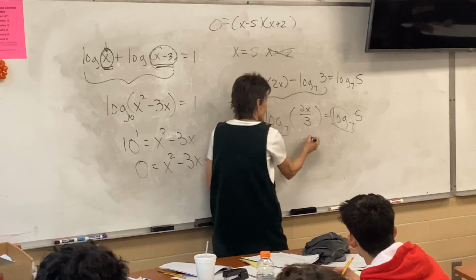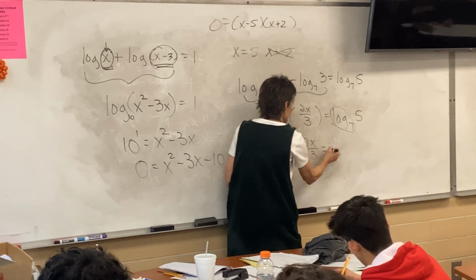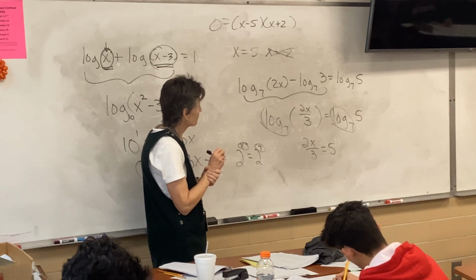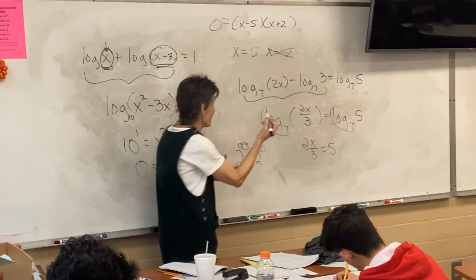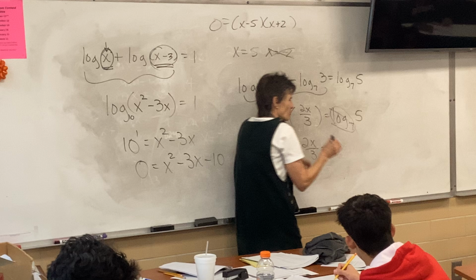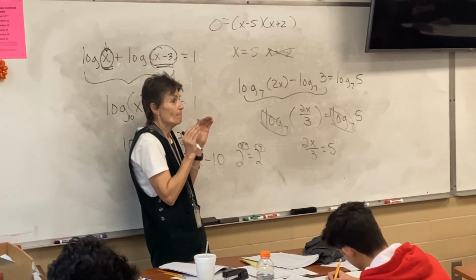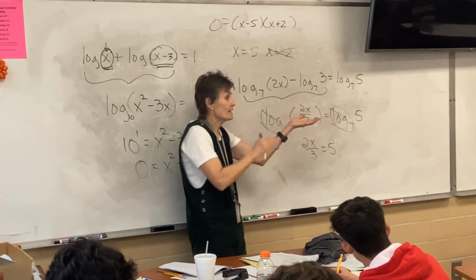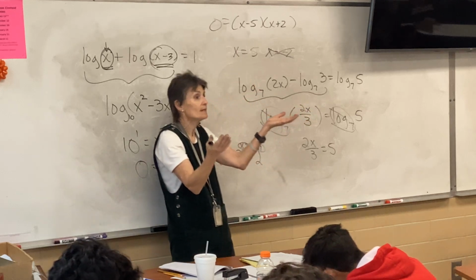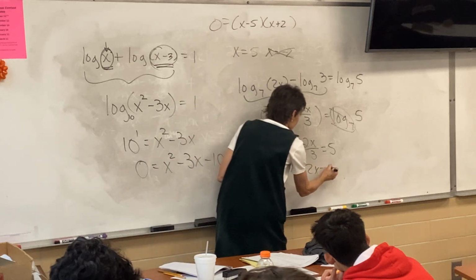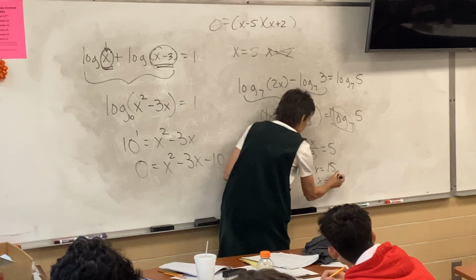So you just say 2x over 3 equals 5. You're not really canceling those out, but if the log of my right hand equals the log of my left hand, then right and left have to be equal. So the answer to the problem is 15 halves, 7 and a half.